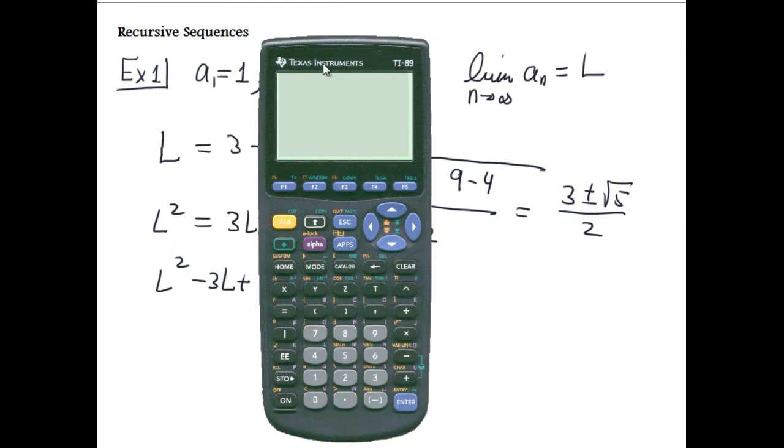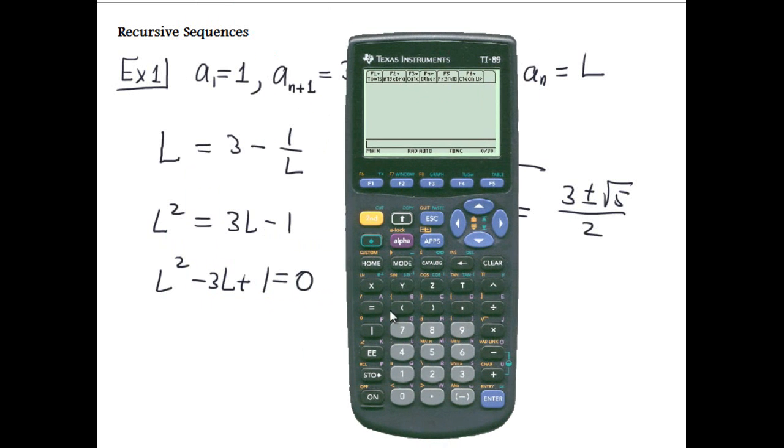So the equation is x squared minus 3x plus 1 equals 0. Solve this equation with respect to x.